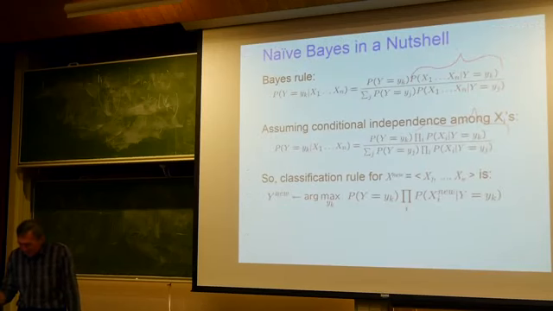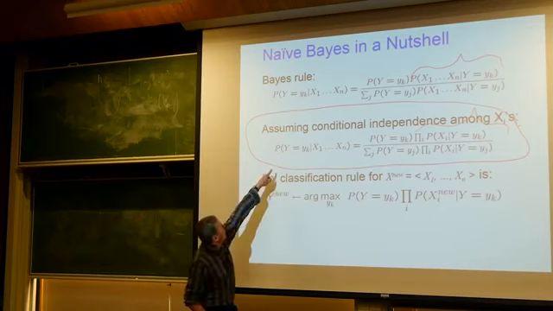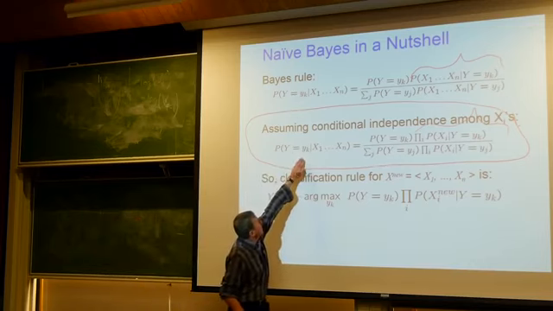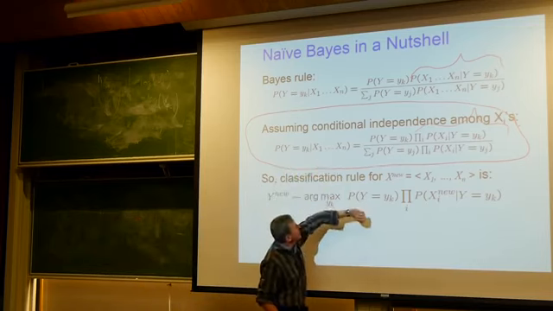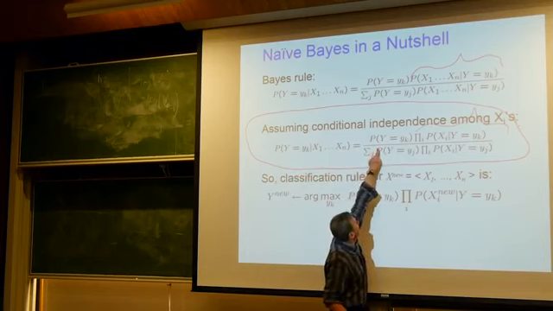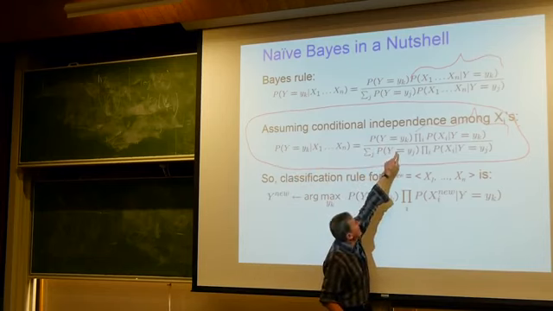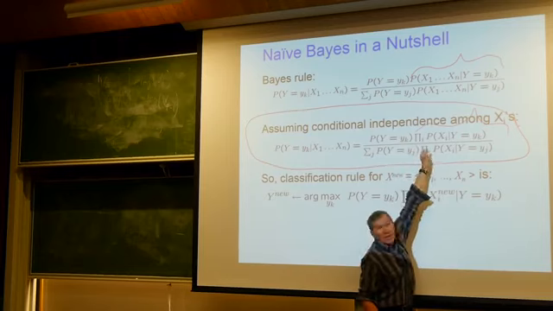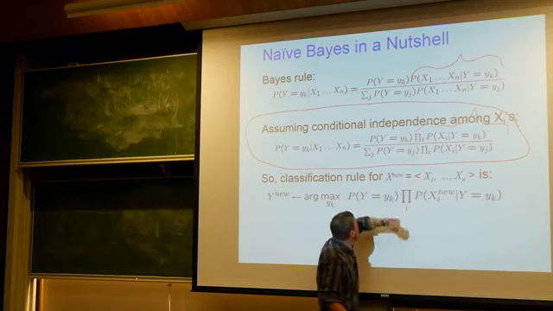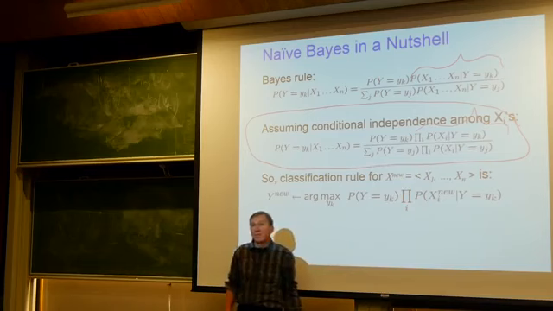So the probability that Squirrel Hill equals 1, given my features, is just the prior probability that Squirrel Hill equals 1 times each of the individual conditional probabilities over this denominator.